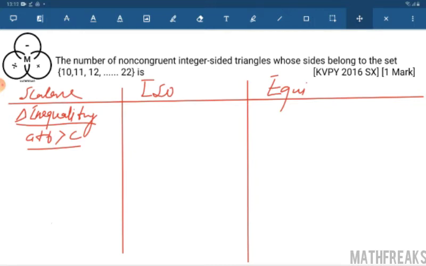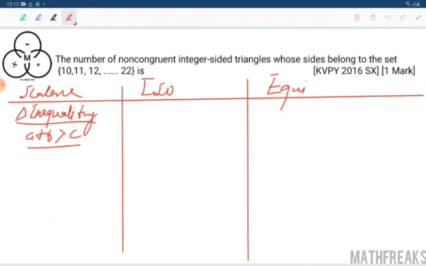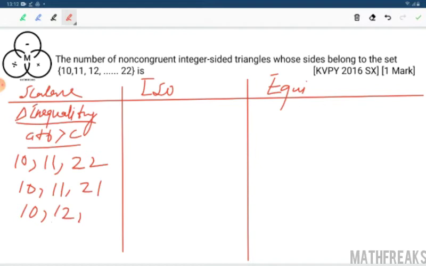We have 3 such triangles: (10, 11, 22), (10, 11, 21), and (10, 12, 22). These are the 3 triangles which will not satisfy the inequality.